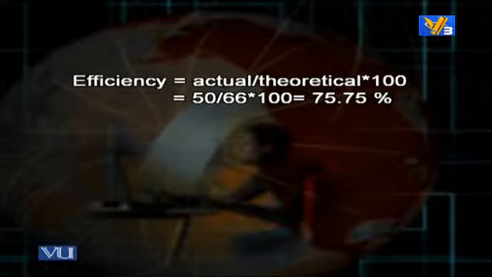So if the actual figure is 50, that is, 50% prove to be males to whom the mail was sent, divided by 66, which was predicted by the model, so 50 over 66 into 100, that is 75.75%. That is the efficiency in percentage of this particular model.